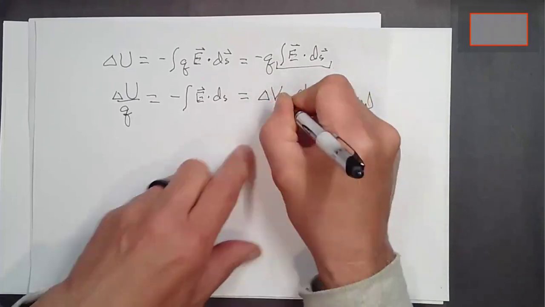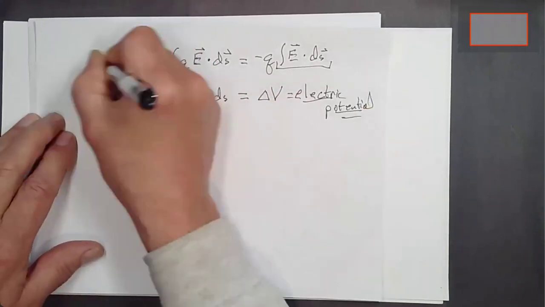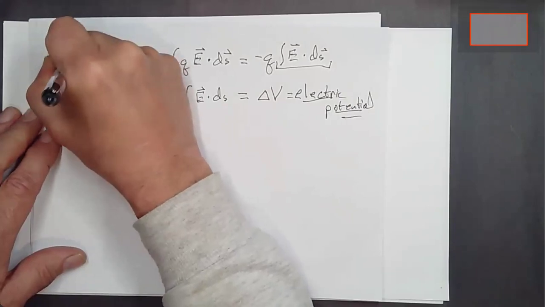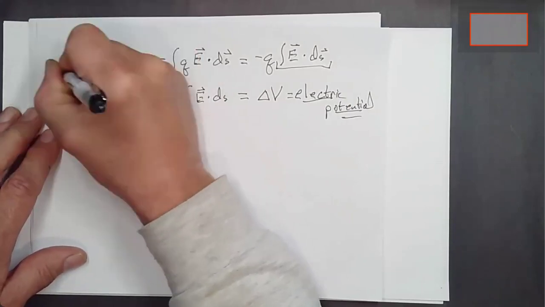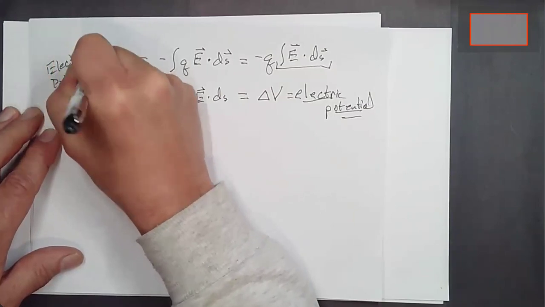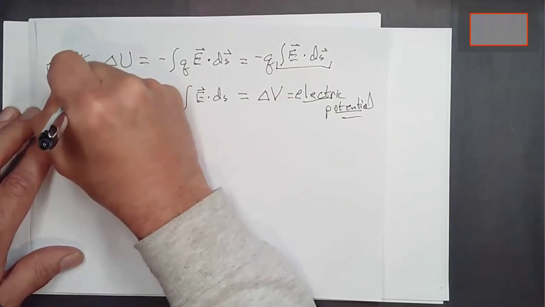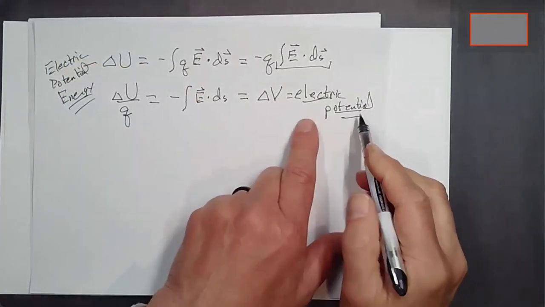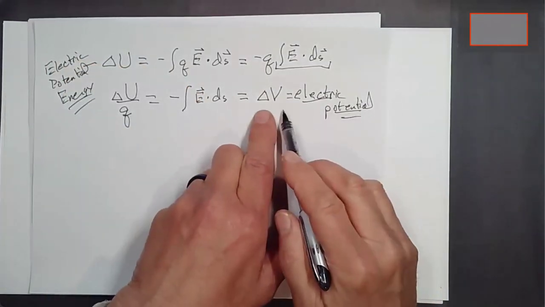Electric potential. Okay, this is electric potential energy. So this is the potential energy per unit charge.